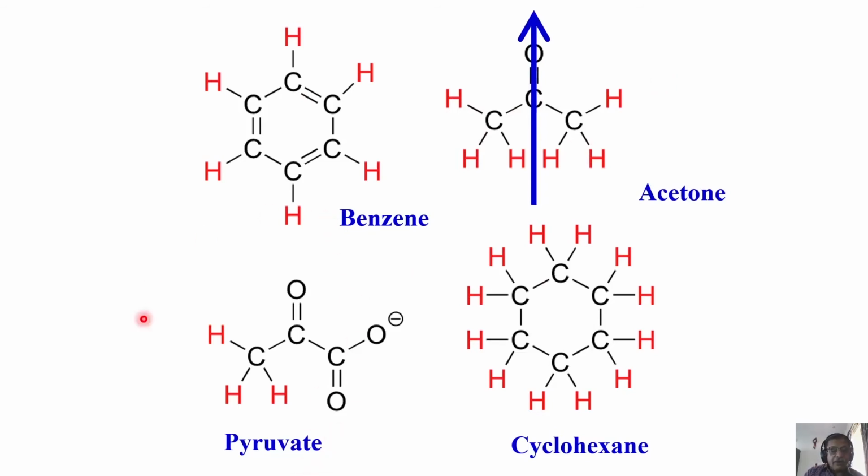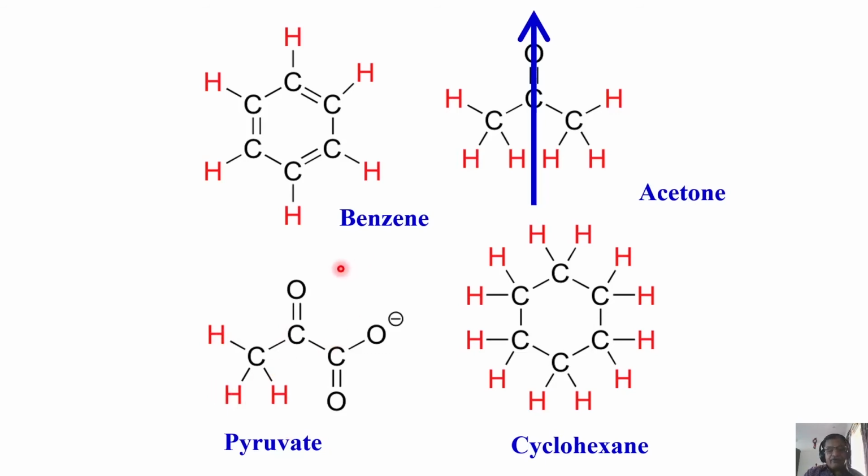Now come to this molecule, pyruvate. This has no symmetry consideration at all as far as the proton NMR is concerned, or carbon 13, whichever nuclei you consider. But all the 3 protons of the methyl group are identical because of the fast rotation of the methyl group about the CC axis, and you will get only one peak for protons.